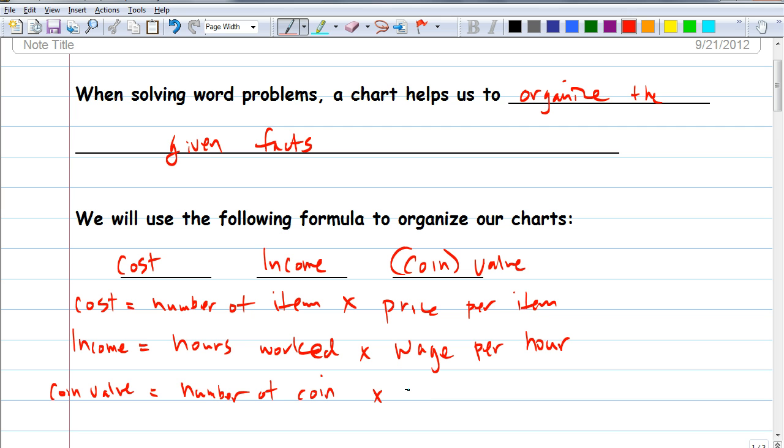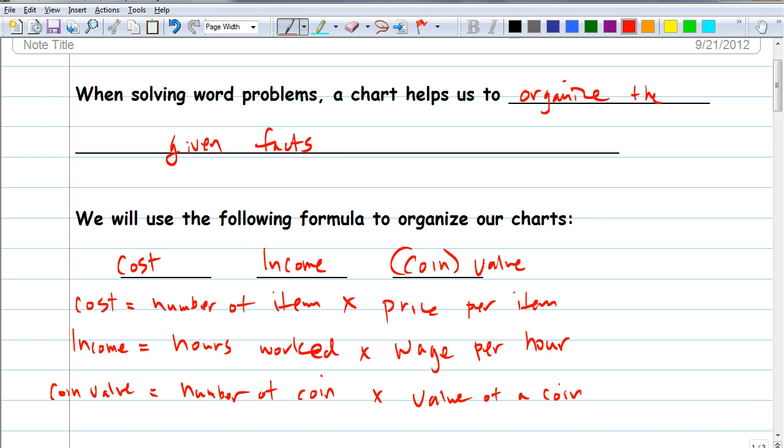If you have 5 nickels, how much is that, guys? 5 cents each. So if you have 5 nickels, you're going to do 5 times 5. What should I write here? Value of a coin, yeah. Value of coin, okay?